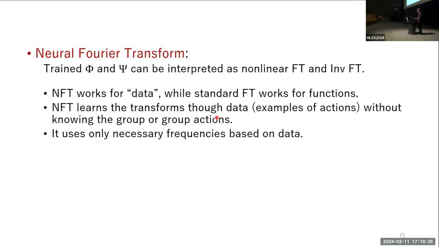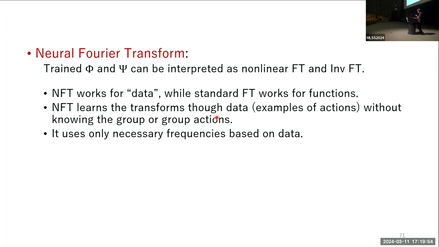And basically, in the previous method, training the phi and the psi gives a nonlinear extension of Fourier transform and inverse Fourier transform, respectively. And this is very different from the standard Fourier transform in the sense of training, because we are training the neural network to learn the Fourier transform based on data.